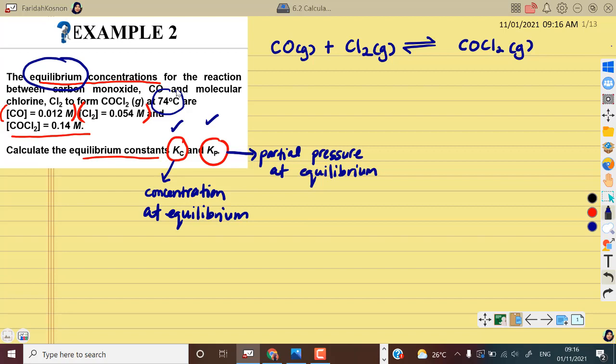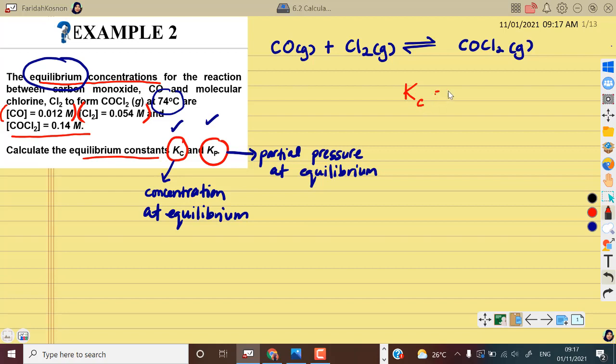Tapi yang penting kat sini, ada tak maklumat concentration at equilibrium ataupun partial pressure at equilibrium? So, if you read the question carefully, you nampak kita ada maklumat concentration untuk reactants and product forms at equilibrium. Jadi, bila kita ada concentration at equilibrium, maka sangat mudahlah kita nak kira equilibrium constant Kc ni.